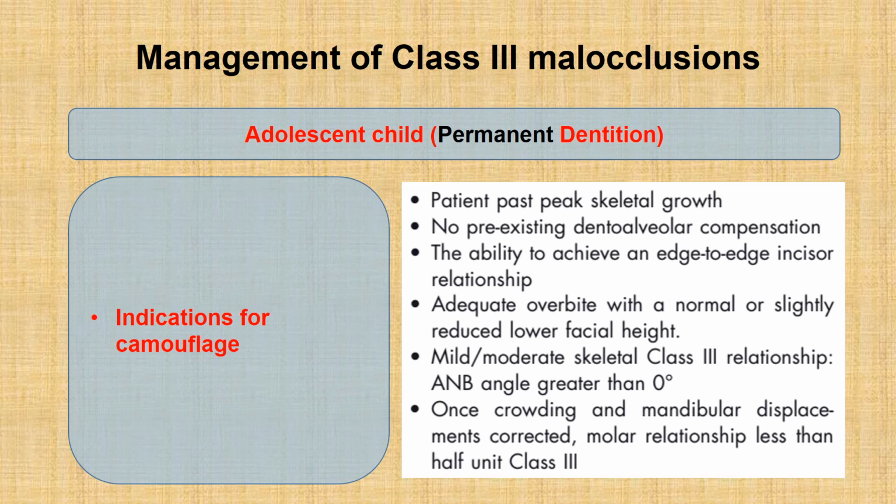So, this is to ensure stability at the end of completion of treatment. Now, it should be a mild to moderate skeletal class 3 relationship with an ANB angle greater than 0 degrees. Okay. Now, once crowding and mandibular displacements are corrected, the molar relationship is less than half unit class 3.